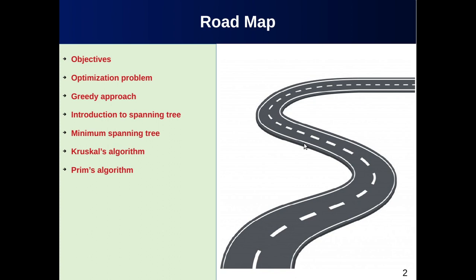Then we will describe the concept known as spanning tree and minimum spanning or cost tree, and then two algorithms for finding the minimum spanning tree, that is Kruskal's algorithm and Prim's algorithm. This is the brief agenda for today's lecture.